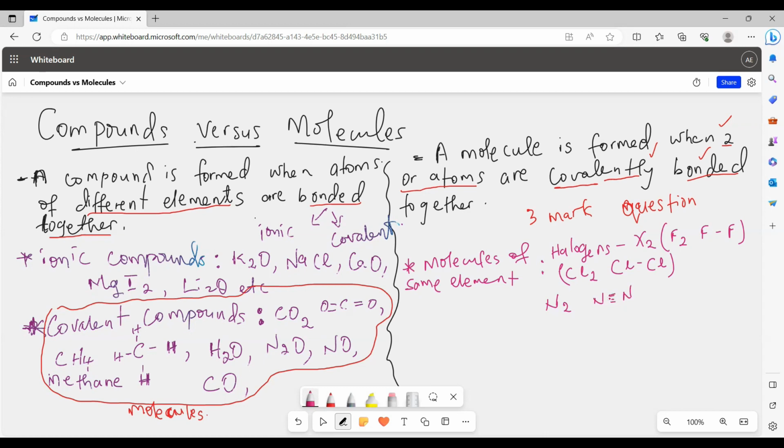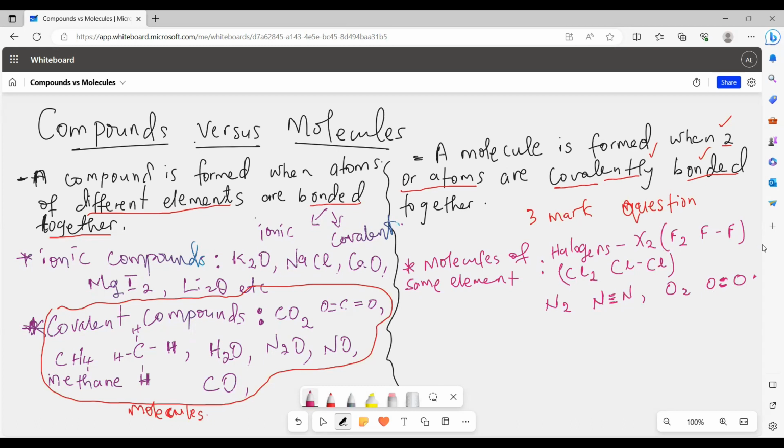So there are shared pairs of electrons here. You could also have oxygen, where you have your double bond. All these are molecules of the same element.